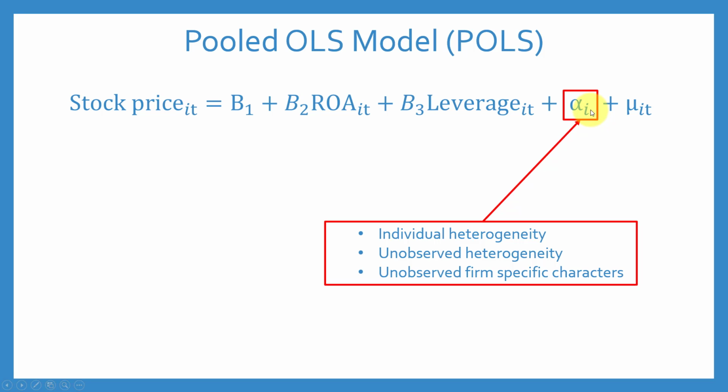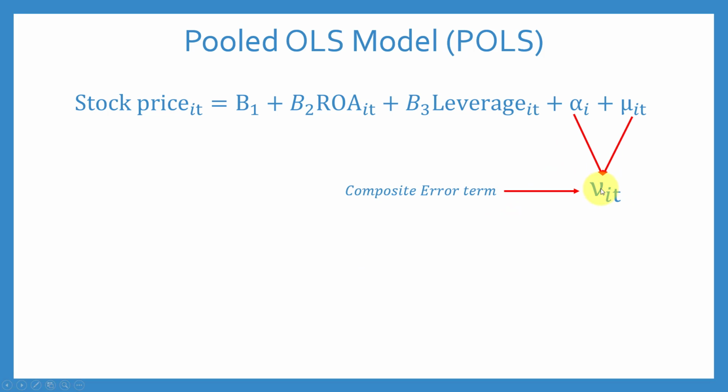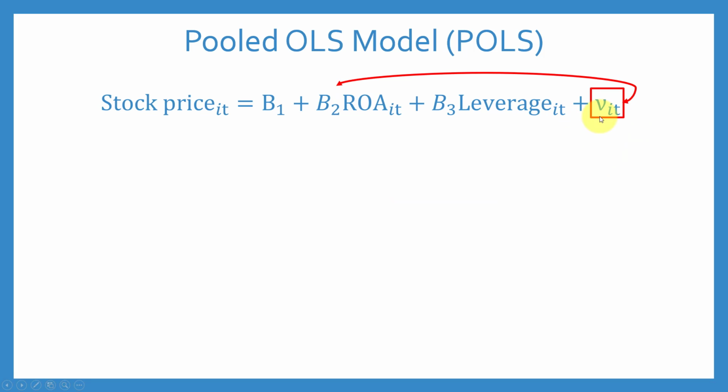Remember, when a variable changes over cross section but not over time, we assign it an I subscript. All those individual factors that we cannot measure and that are time invariant go into this alpha, and the error term is basically the composition of this individual heterogeneity and the random error term. So panel data contains an error term with both the individual heterogeneity and the random error term.